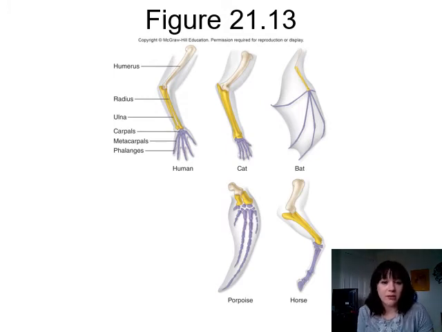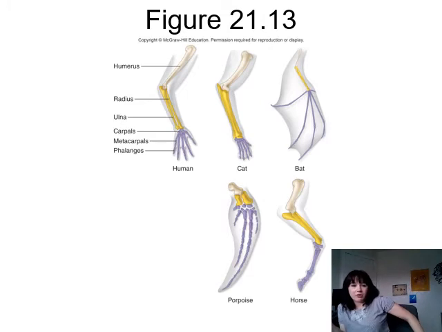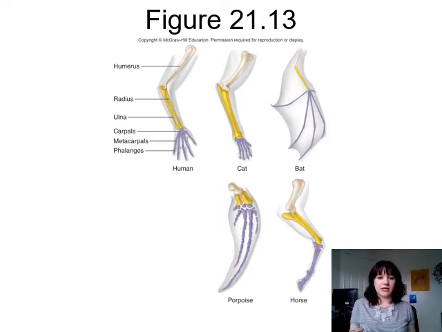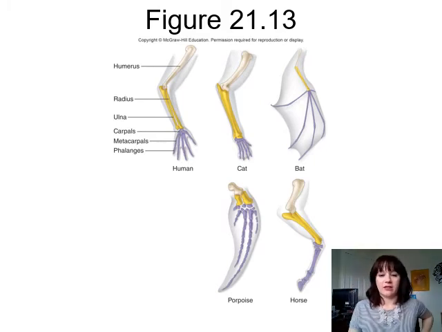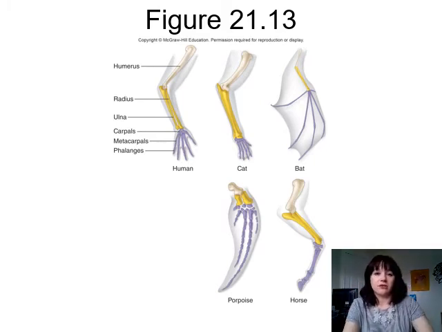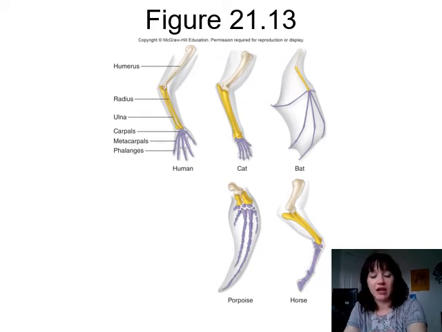You've got some type of radius-ulna type bone in yellow, and then you have some type of finger-like bone, carpals, metacarpals, things like that. Remember, we talked about the evolution of the horse over time. It originally had multiple toes, and we lost them down to only one.